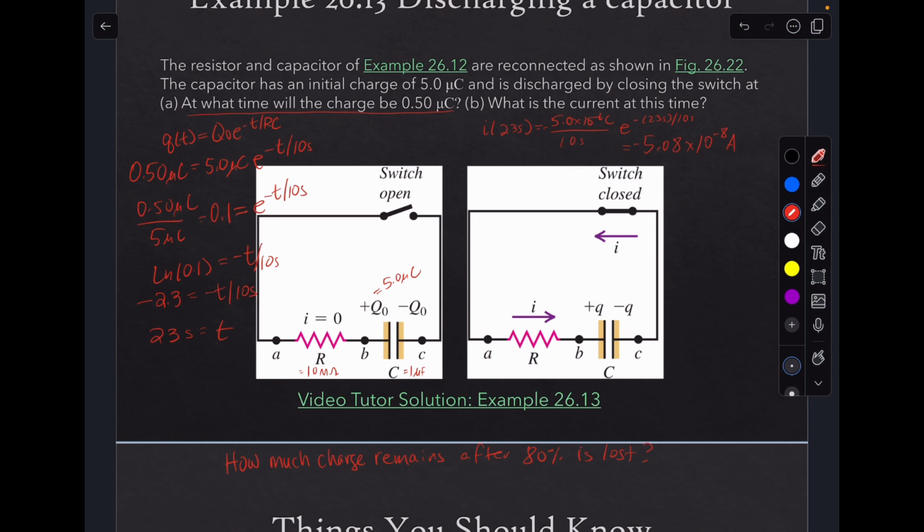So you might be inclined to put 80% in your equation, but in reality, what is Q of t tracking? How much charge is there, not how much is lost. So if you're told how much is lost, you need to interpret that and turn that into how much is there. So if 80% is lost, then how much is there is 20%.